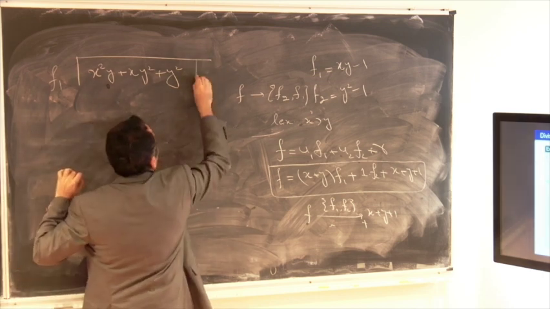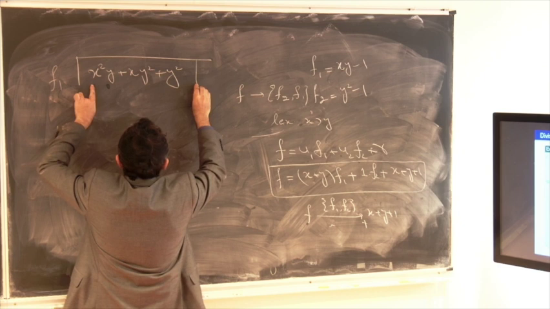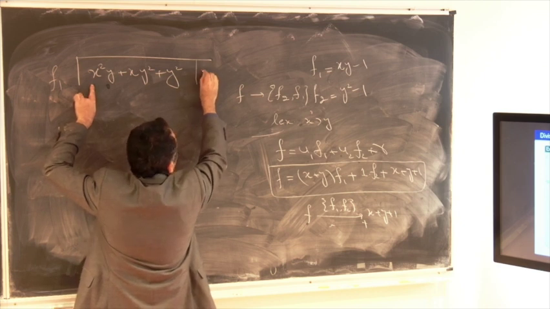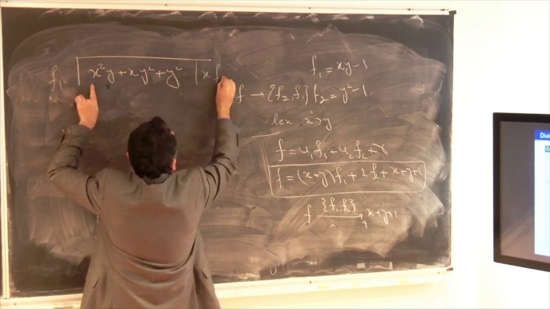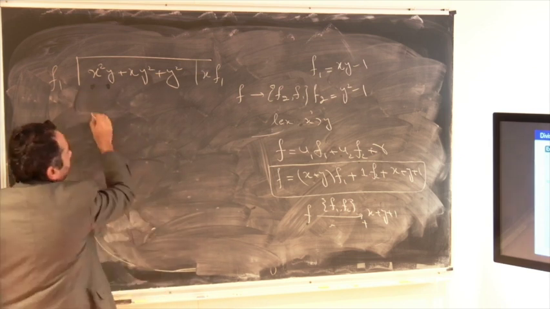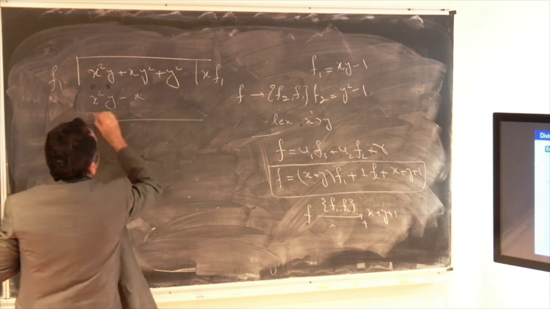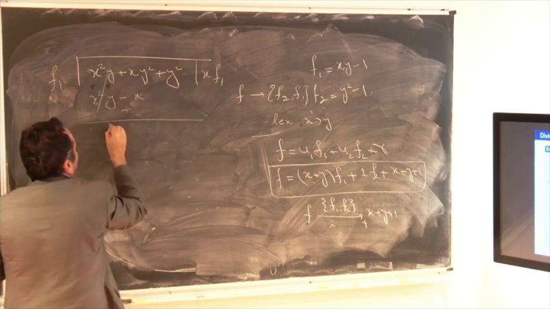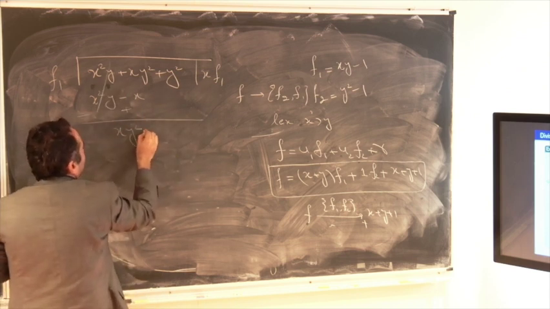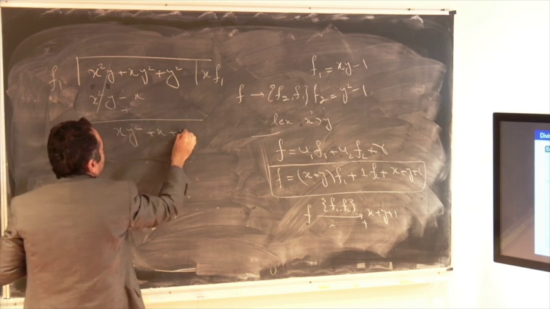So here again we will use f1, and f1 means we have to multiply with x. We get x square y minus x, and the terms cancel out. Again we write in the order: x y square plus x plus y square.